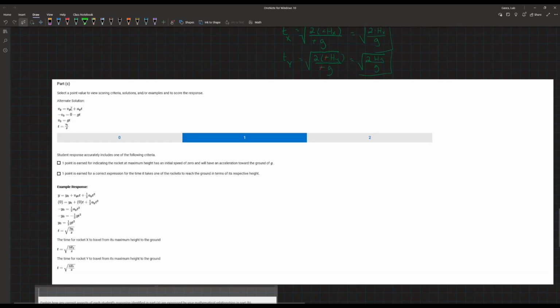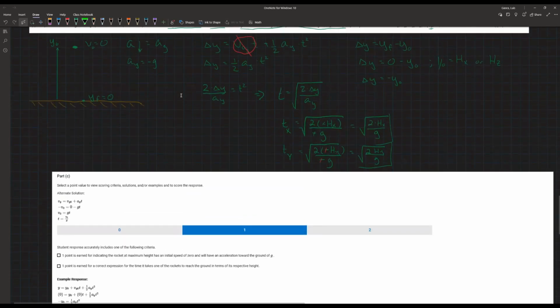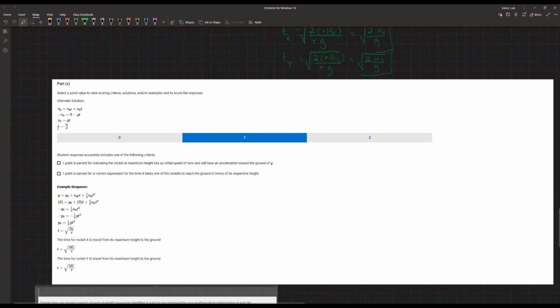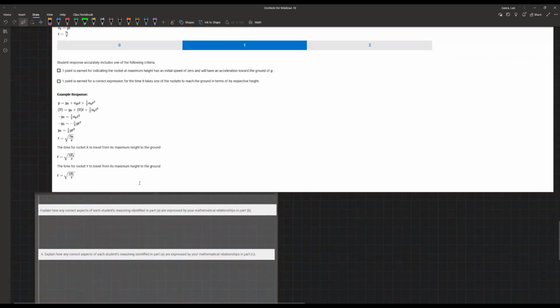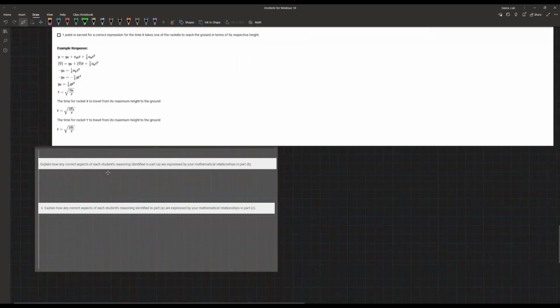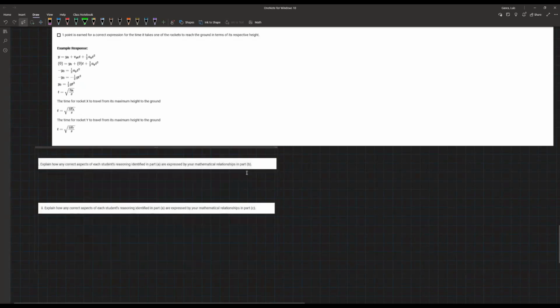The alternative solution is to find the time it takes to reach the ground by getting the final velocity upon hitting the ground, and then you substitute that final velocity into the equation and manipulate everything over. Actually, you could just say it's going to gain whatever velocity it had going up, but this is what we did here, the example response. Go ahead and look at the last two questions here.